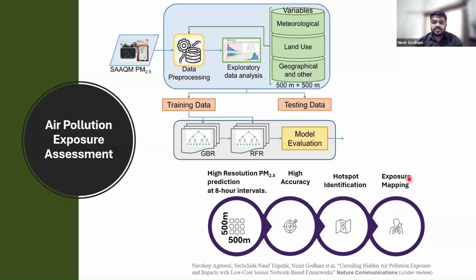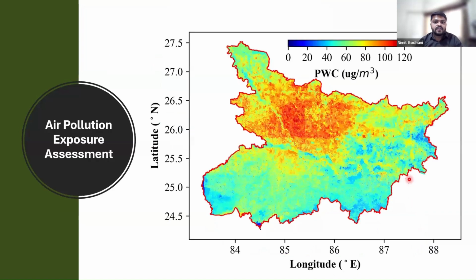And we did exposure mapping, for example what kind of asthma and COPD cases and how many deaths will be reported in this period. In this we did the short-term exposure assessment. This is one plot that I'm showing just for visualization, the population weighted concentration we did for each and every village level.